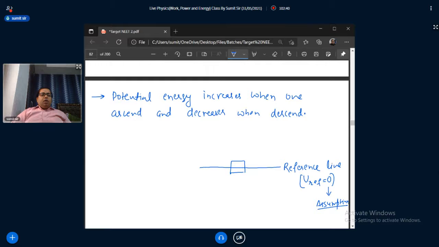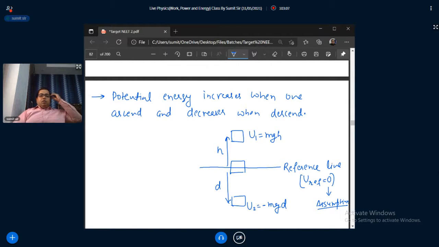Now, if you go to height h, meaning you ascend, the potential energy here becomes mgh. And when you go to depth d, the potential energy U2 becomes minus mg into d. Are you getting this?